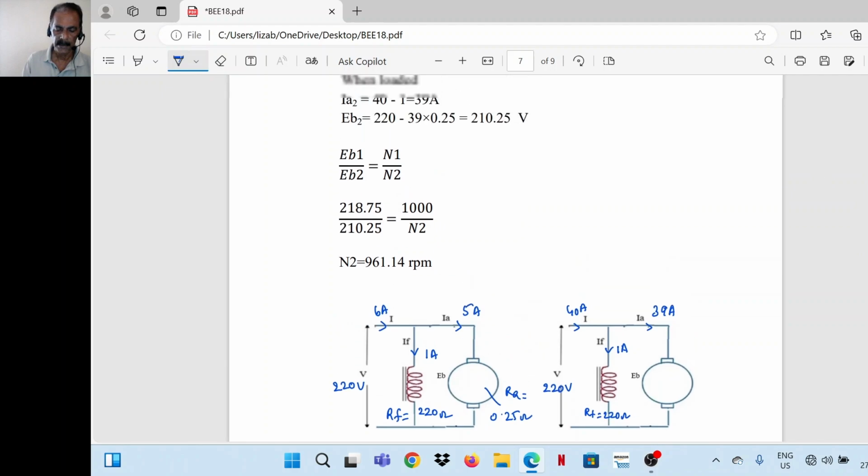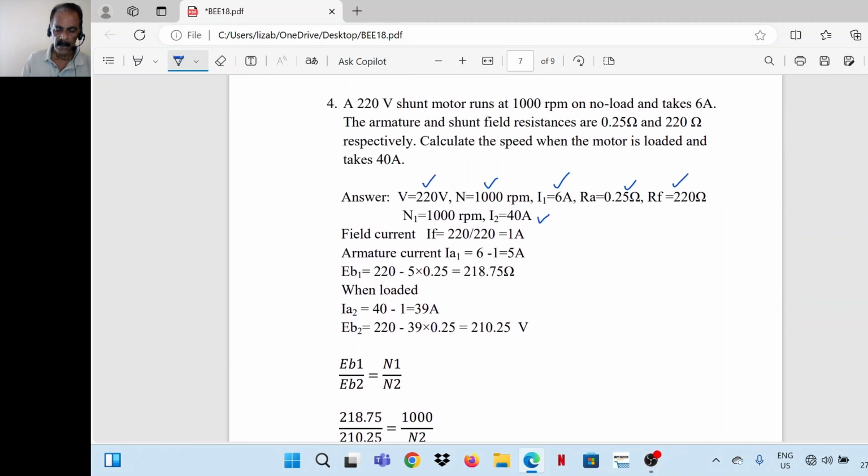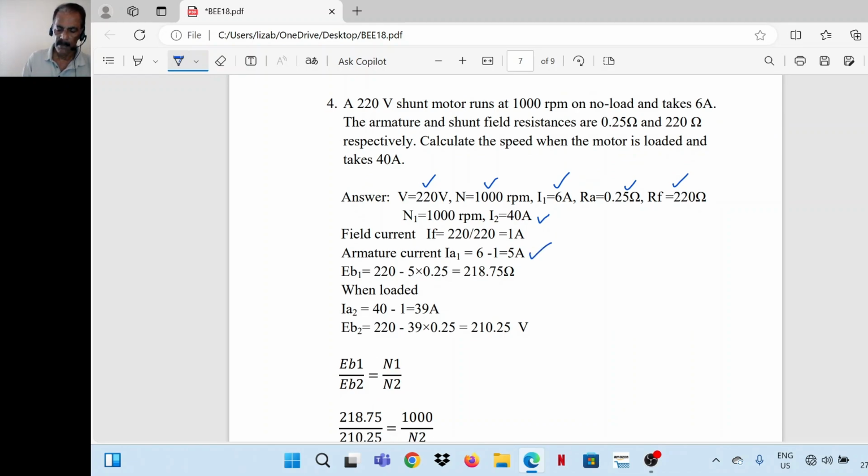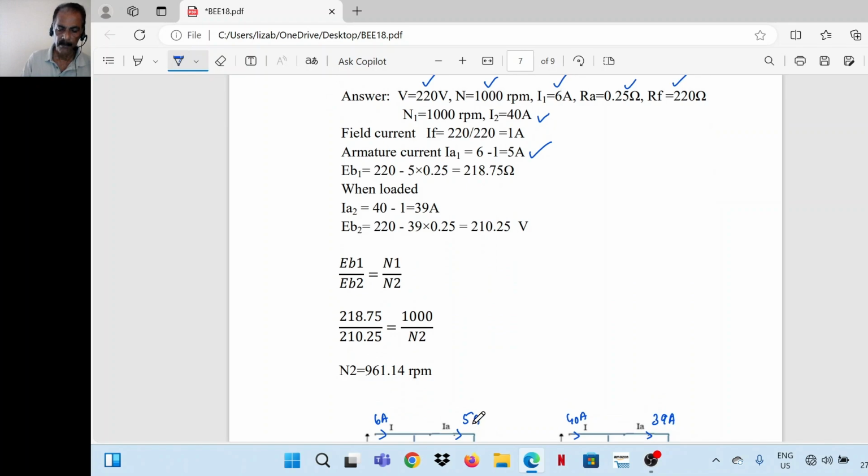These are the conditions. Now in the first case, armature current is 5 ampere. We marked it already, 5 ampere. Then EB1 is equal to V minus IA RA. V is 220. IA in the first case is 5 ampere, RA 0.25, so 218.75 volts.